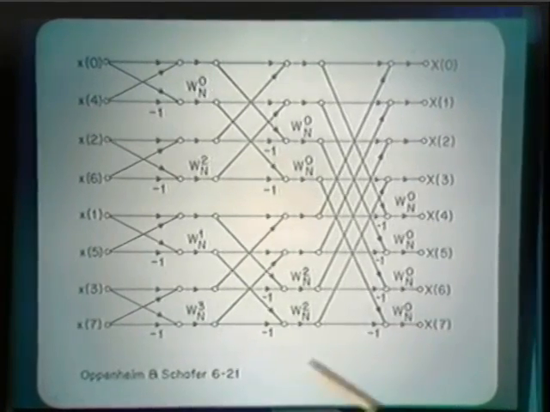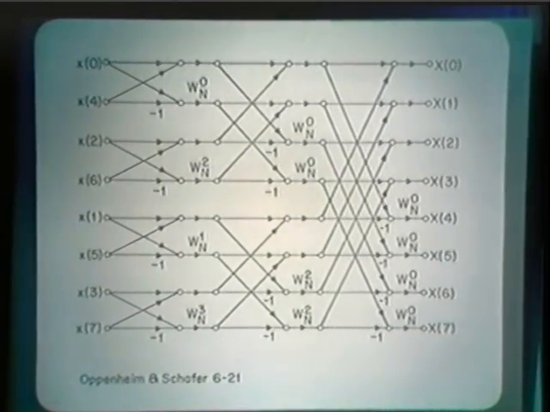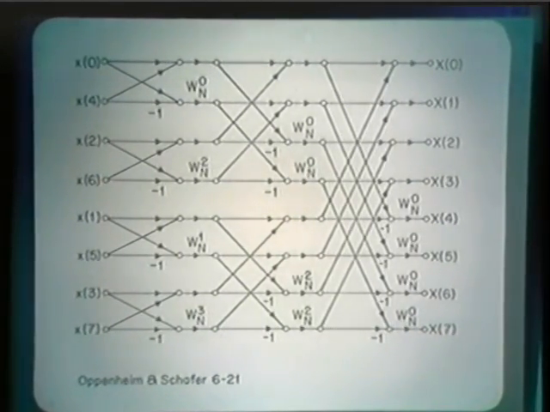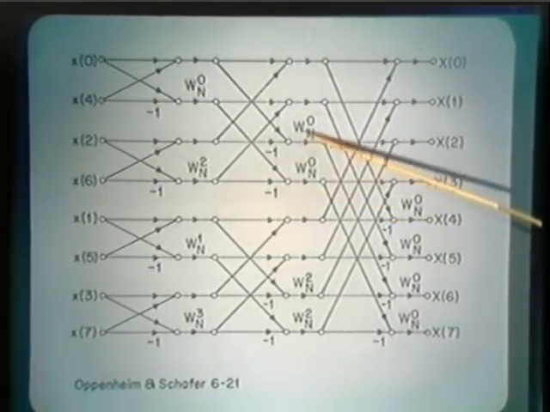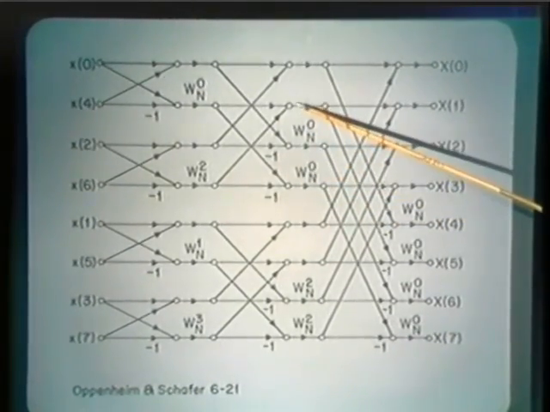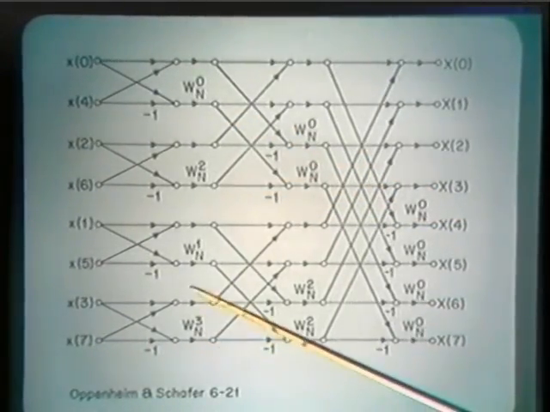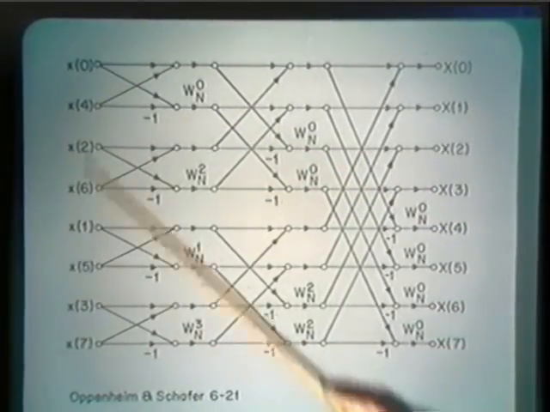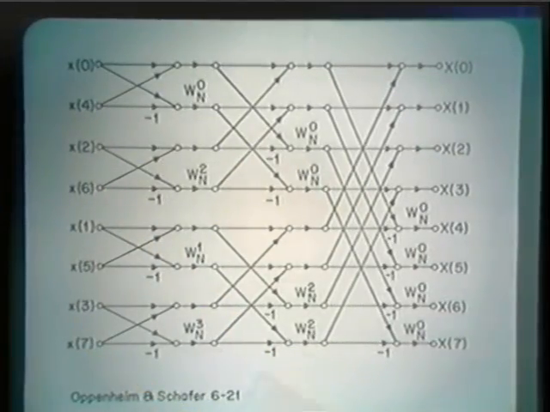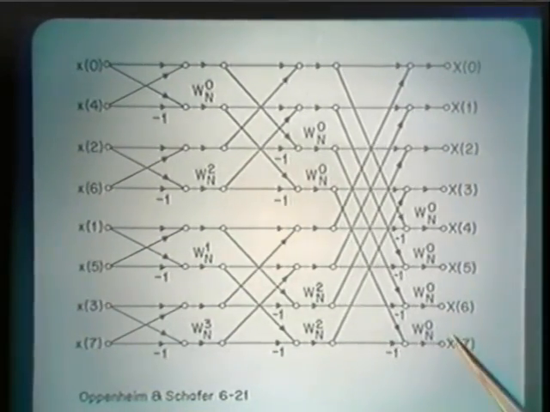Again, as this flow graph has been sorted, it is an in-place computation, because the butterflies are laid out in such a way that they involve horizontally adjacent nodes. So this is an in-place computation with the input in bit reversed order and the output in normal order.